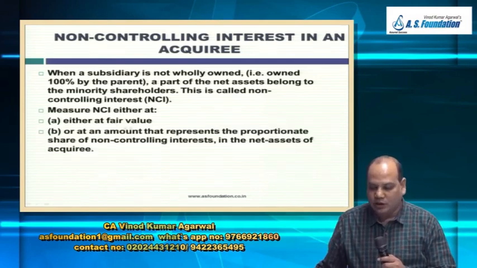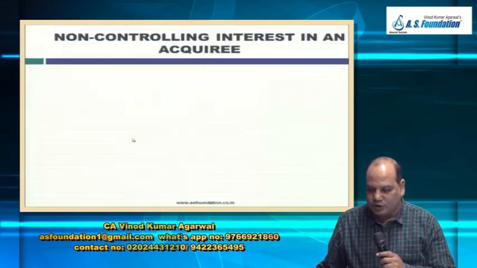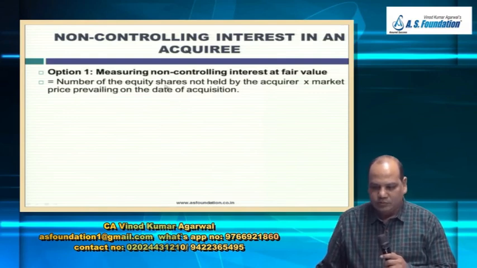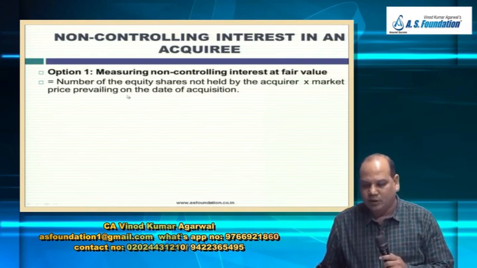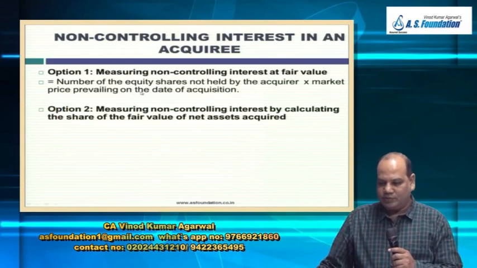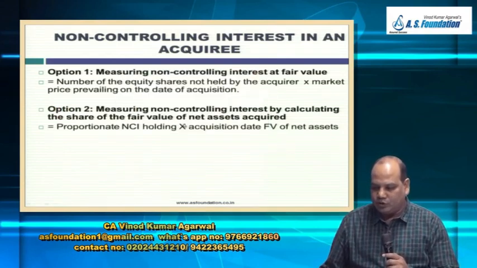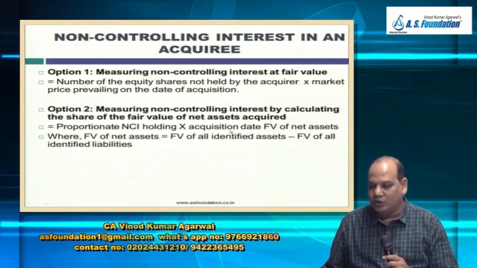NCI can be measured either at fair value or proportionate share in the net asset. We have seen this formula also. If it is to be measured at fair value, take the number of shares multiplied by market price. If it is based on proportionate share in net asset, take percentage into acquisition date fair value of net asset.